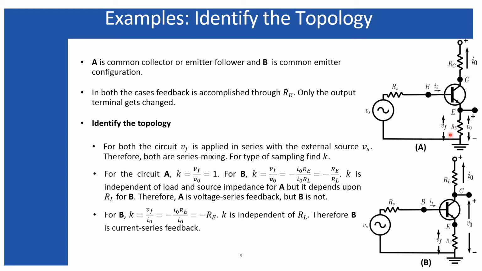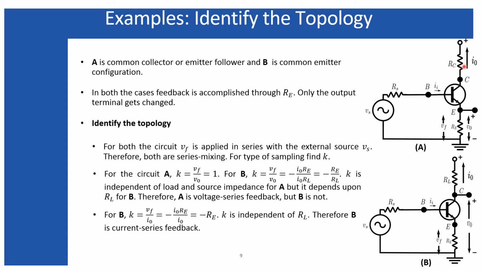Because of the presence of this emitter resistance, the AC current passes through it, so a voltage is dropped across it, which is V naught as well as Vf, because both of these voltages are equal. That voltage gets subtracted from the base voltage, defining the base to emitter voltage.